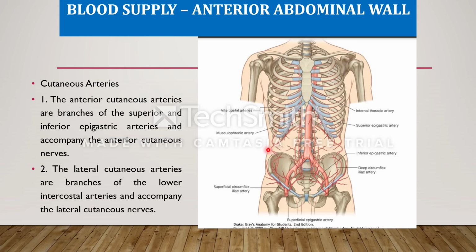Now, what are the arteries which are supplying the anterior abdominal wall? There are anterior cutaneous arteries. See here, these are the anterior cutaneous arteries, which are the branches of the superior epigastric. This is the superior epigastric artery. And there is the inferior epigastric artery. See here, this is the inferior epigastric artery.